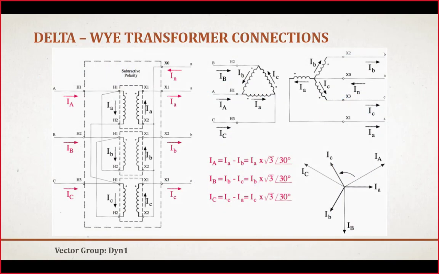Here is this delta-Y transformer having the same vector group we have seen in the previous slide, and you can see here the connections of delta on the high side. This is the high side, that's why we are using capital subscripts for the high side and small subscripts for the low side.